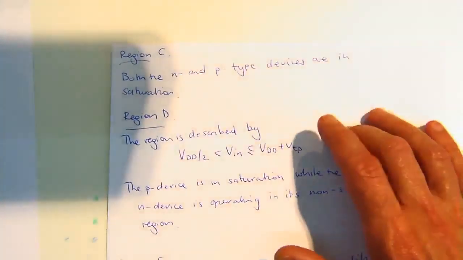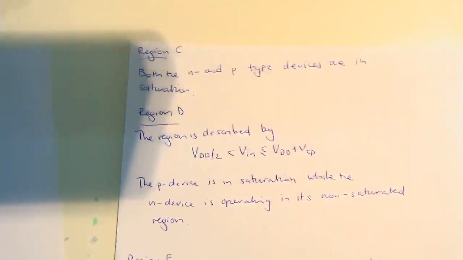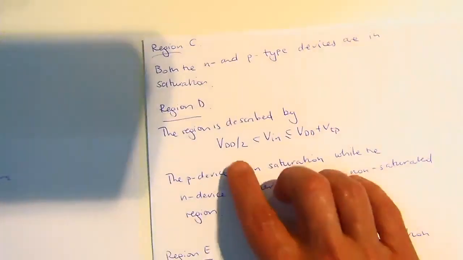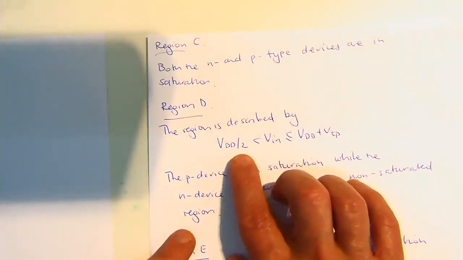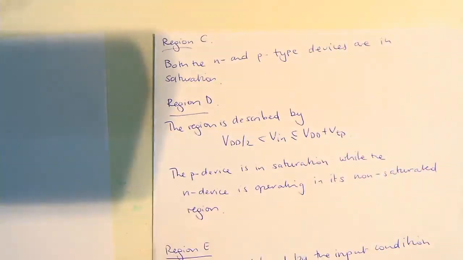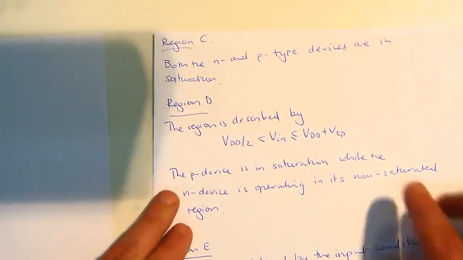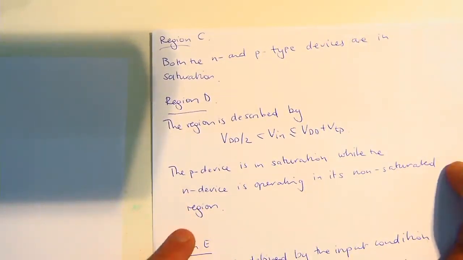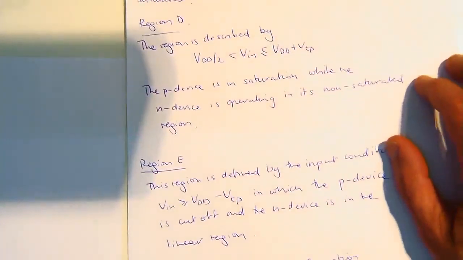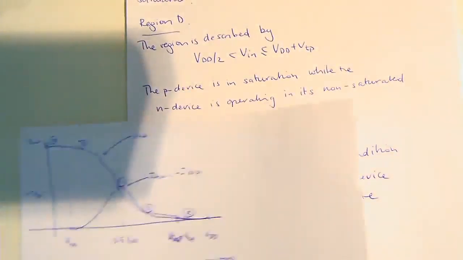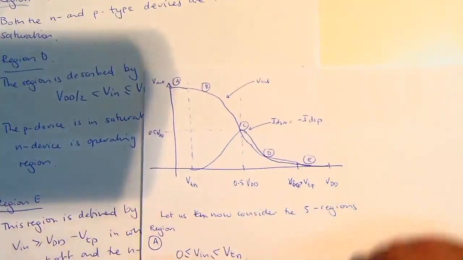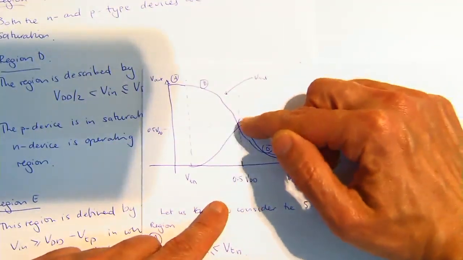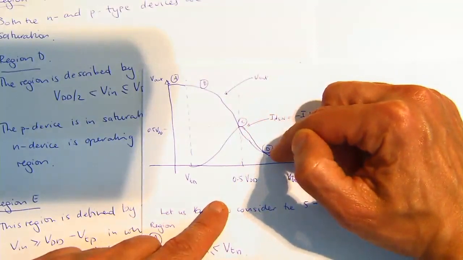Now, we proceed to region D, which is where the input is between half the supply and the supply. Under those circumstances, the P device is in saturation, while the N device is now in the linear region. Right? And what's important to note here is that from point C to D, we're seeing a decrease in the current through the device.